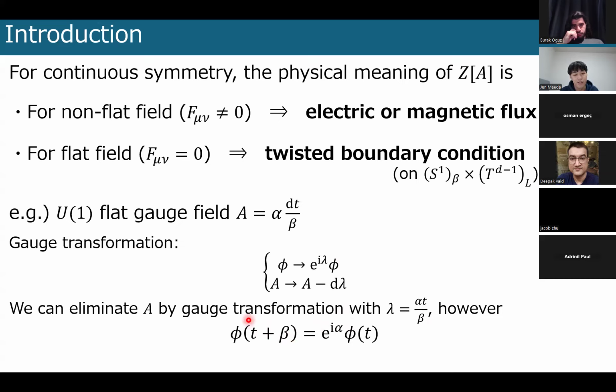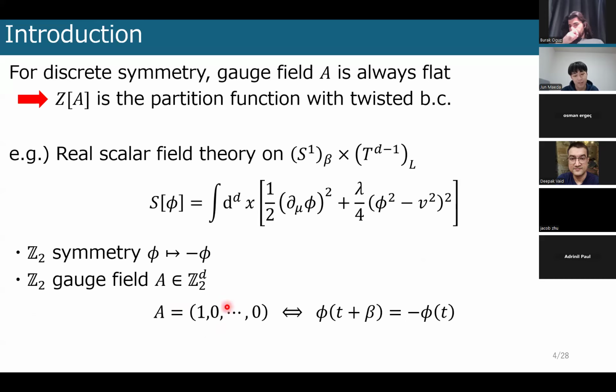Even for a continuous symmetry case, if we consider a flat gauge field, then it always has this form, and we can eliminate the gauge field, but we must impose twisted boundary condition instead. And the discrete symmetry case we can also do in a similar way.